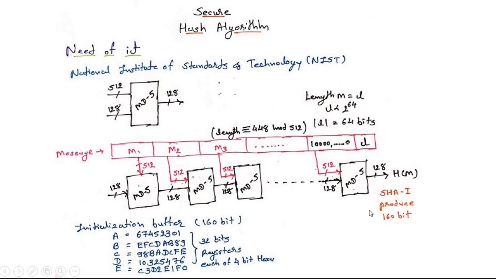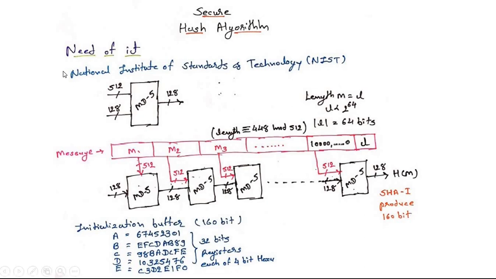So that's why we are going to use SHA, the secure hash algorithm. There are 3 variants of SHA: SHA1, SHA2 and SHA3. But right now we are going to discuss only SHA1, which produces a 160-bit output.